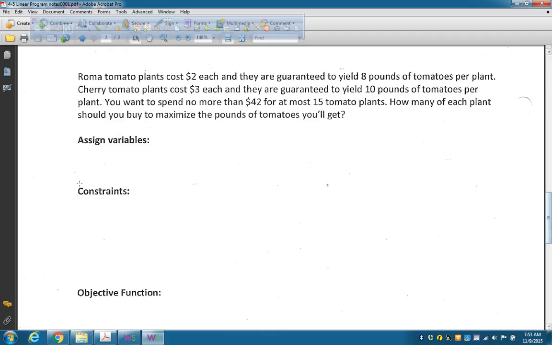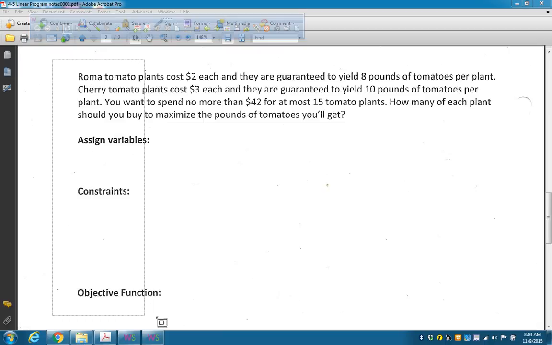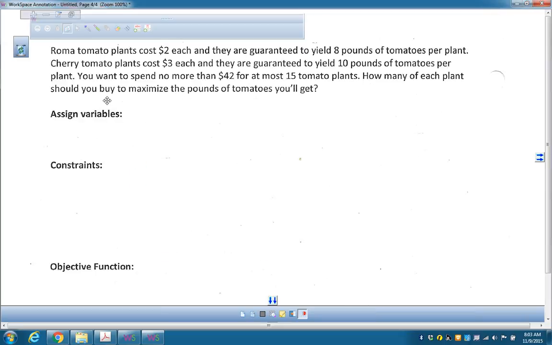Uh-oh. Tomato plants. Roma tomato plants. Let's read the question first. It says Roma tomato plants cost $2 each and they're guaranteed to yield 8 pounds of tomatoes per plant.